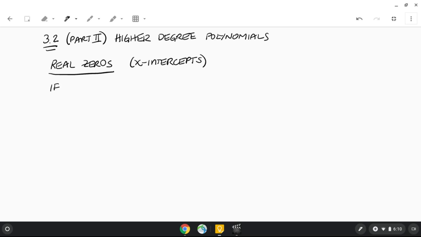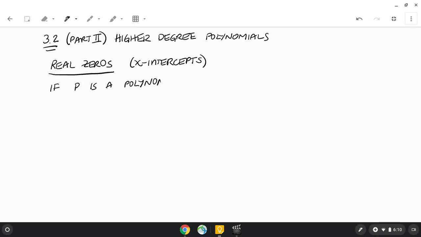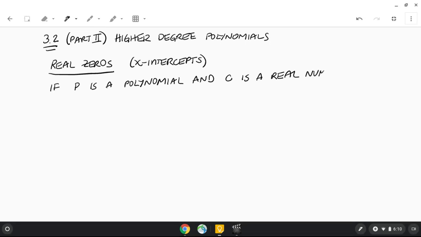If p is a polynomial, and c, that's the letter c, okay, is a real number, the following are equivalent.